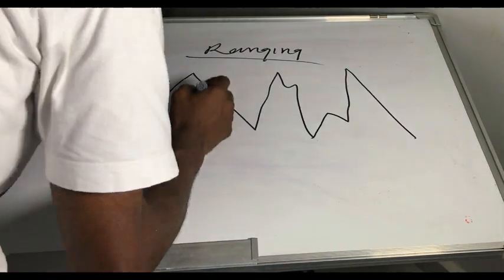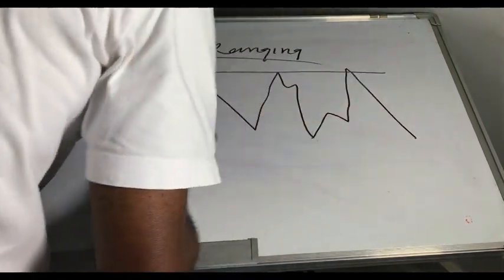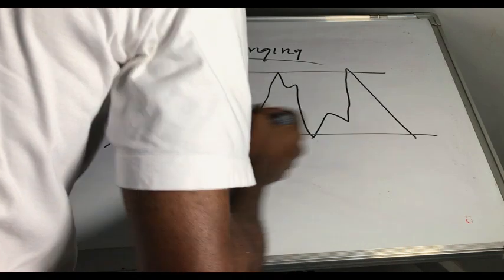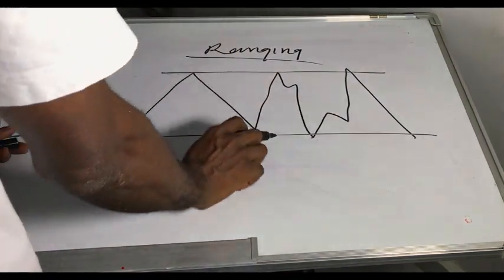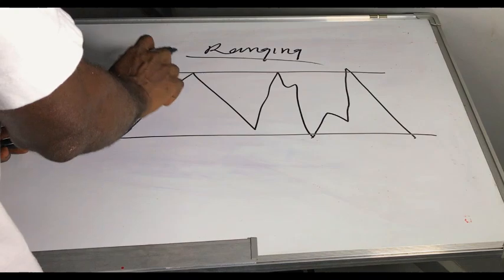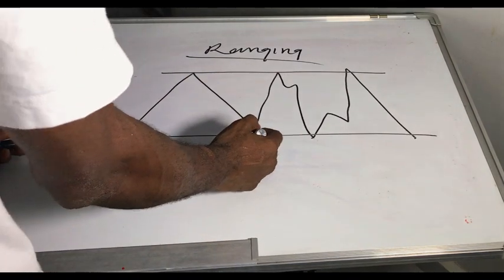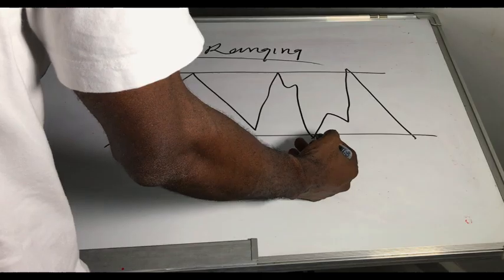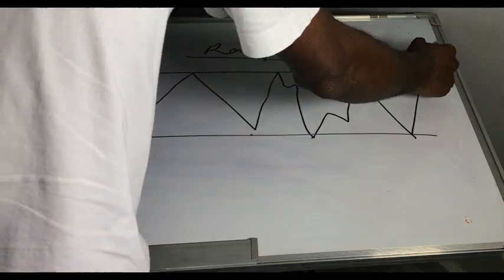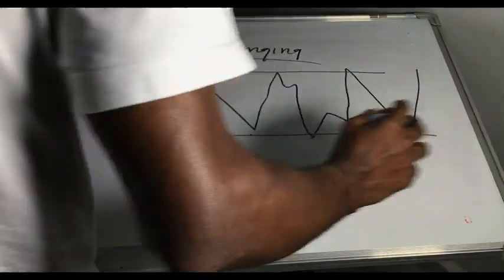Then you will see that there is a resistance here, then there is a support here. When the market gets to the resistance, it changes direction. Then it gets to the support, it changes direction, gets to the resistance again, changes direction. And then you discover the market is moving between a fixed resistance and support.